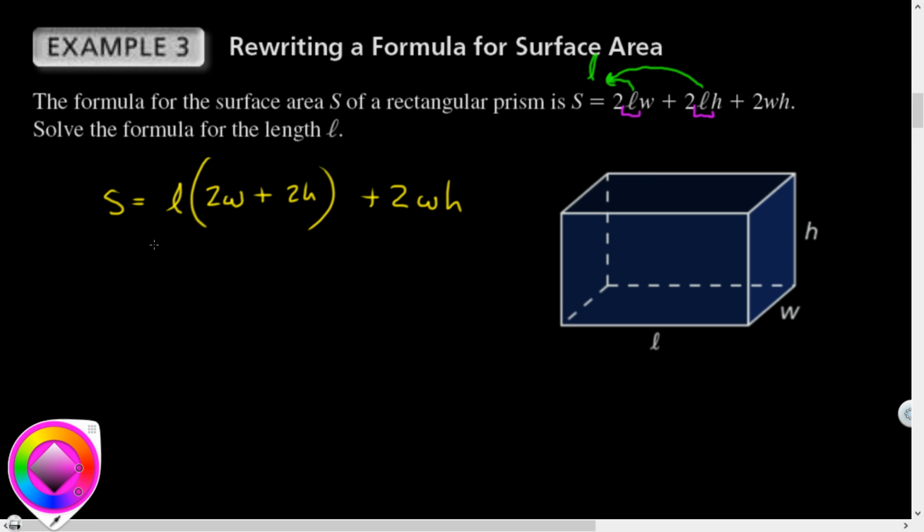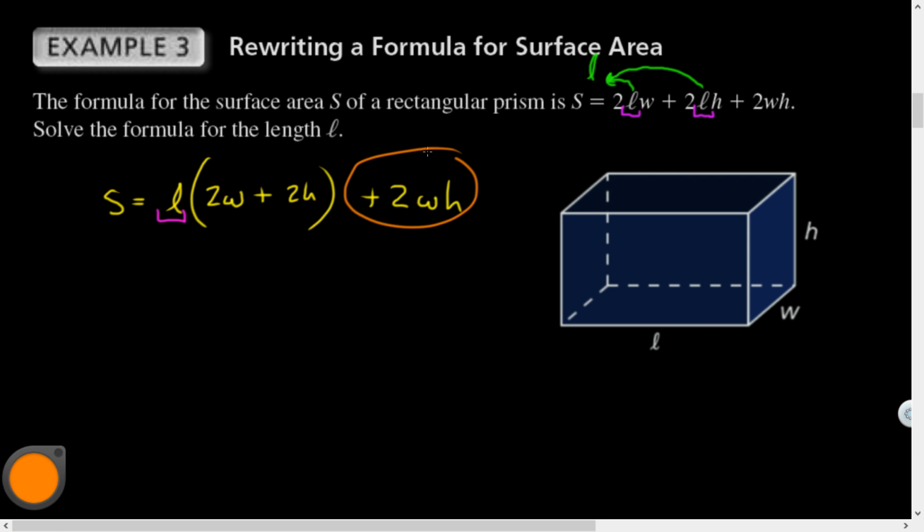And now I'm still solving for L. So what I need to do is get this and this away from it. L is being multiplied by a number and added by a number. Which do I get rid of first? SADMAP. I've got to deal with the addition or subtraction first. So I'm going to subtract this number.